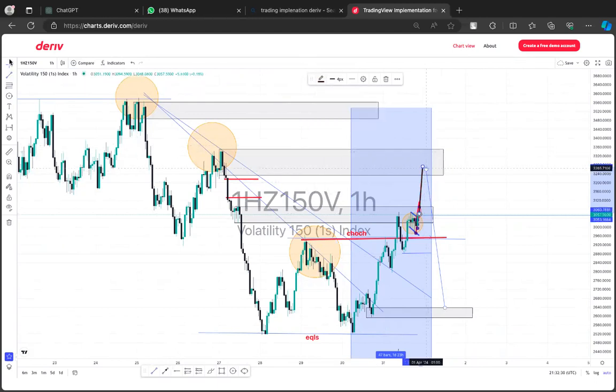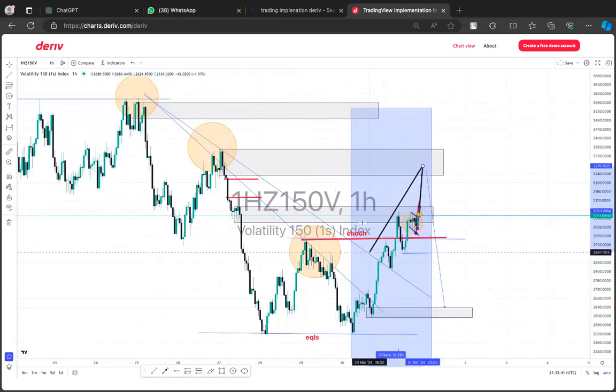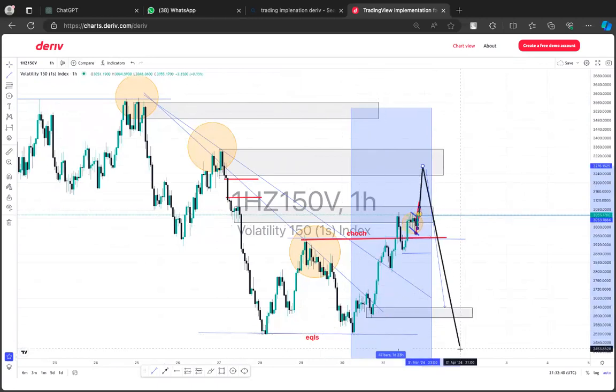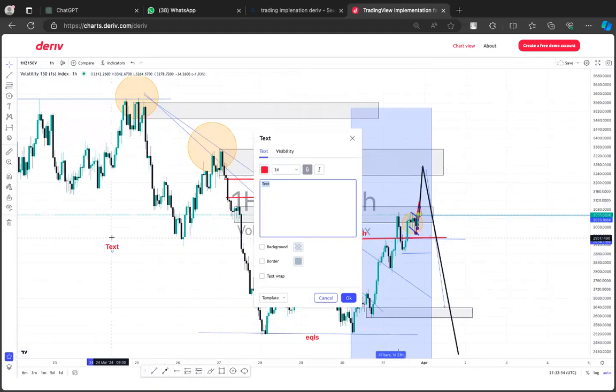Because there's another block here, and to use that block to form a new higher low. But the fact that we have equal lows after the CHoCH, below the low of the CHoCH, there are equal lows. The price of the market will always come back to clear the liquidity.